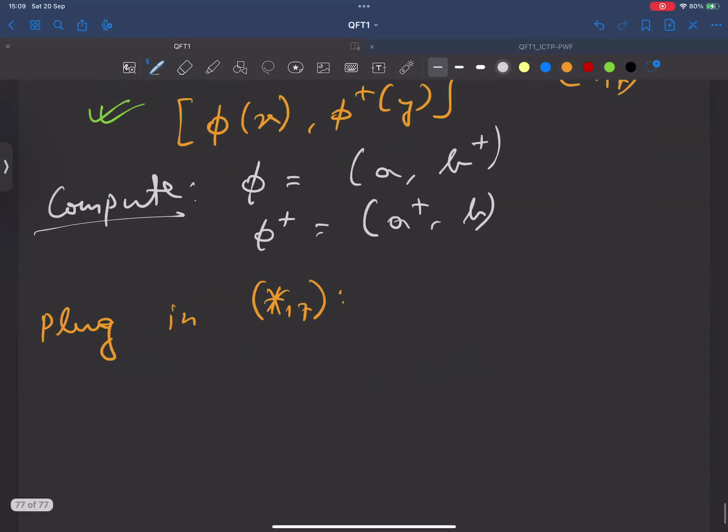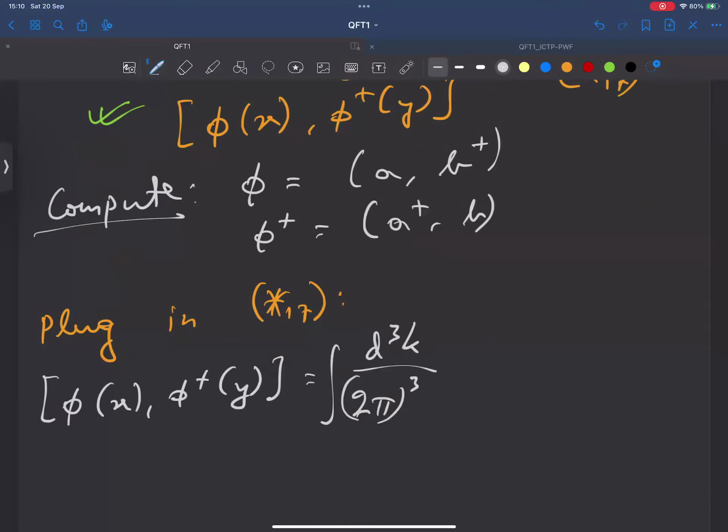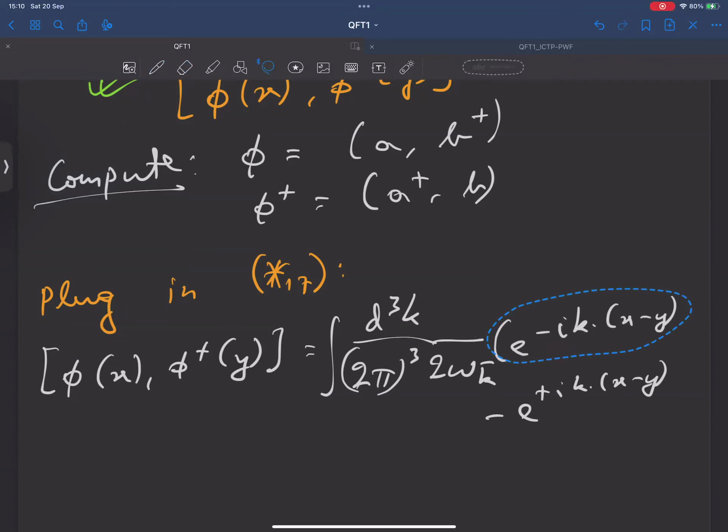If you do that, you can write phi of x and phi dagger of y as an integral like this. Again, this is straightforward, you just have to plug in the relations: 2 omega k, e to the power minus i k dot x minus y, minus e to the power plus i k dot x minus y. Let me write this a bit nicely. That's what it becomes.